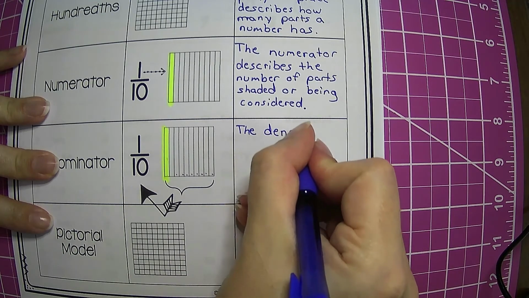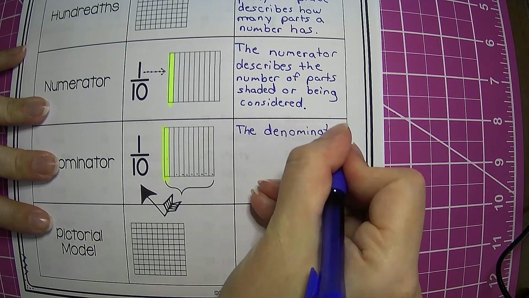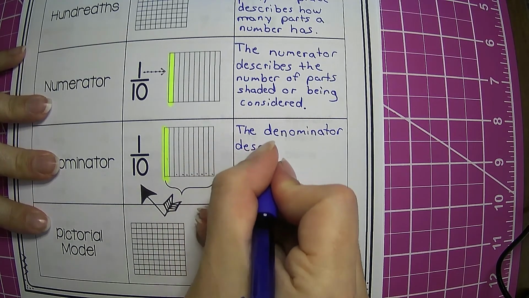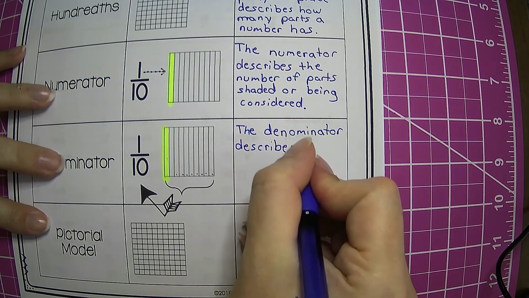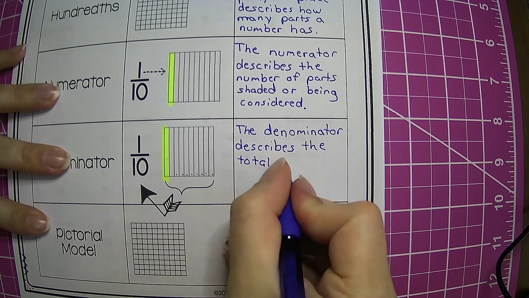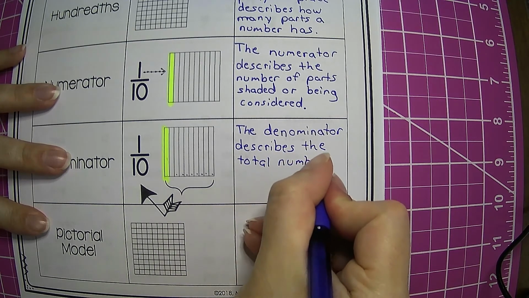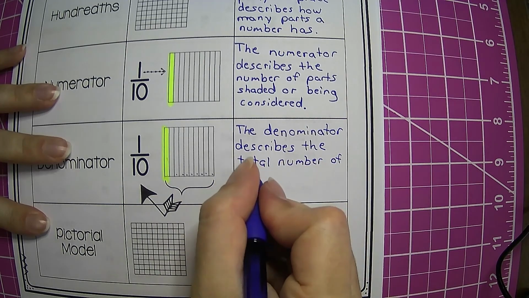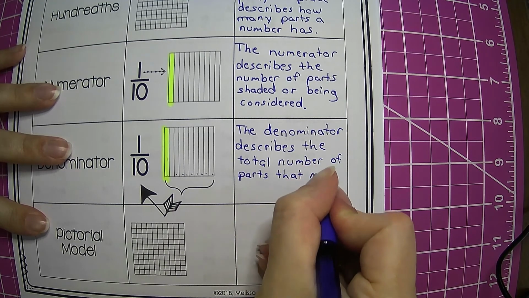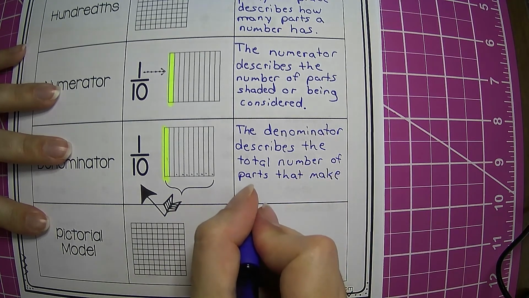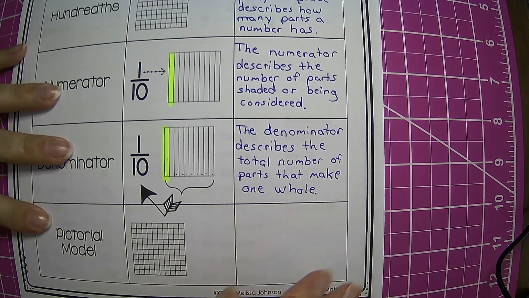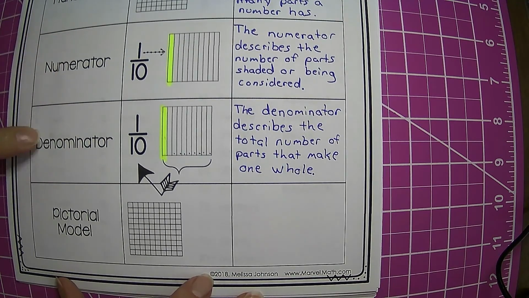So the denominator describes the total number of parts that make one whole.